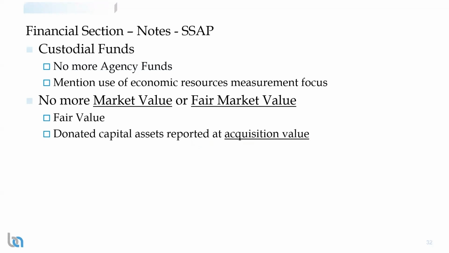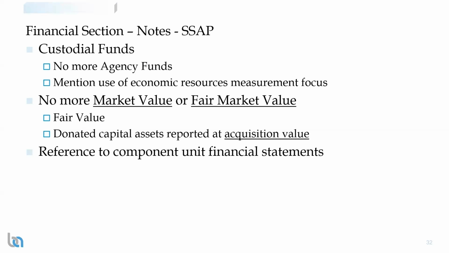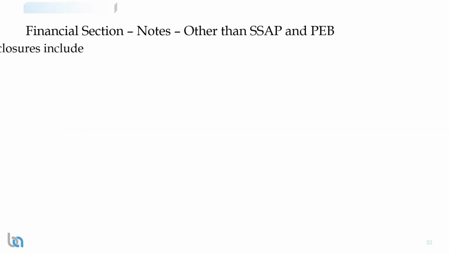I think the old terminology was estimated fair value, so that's old. Reference to component unit financial statements: if you have component units and they also issue their standalone financial statements, there should be a reference that those financial statements have been issued and where they can be obtained from.